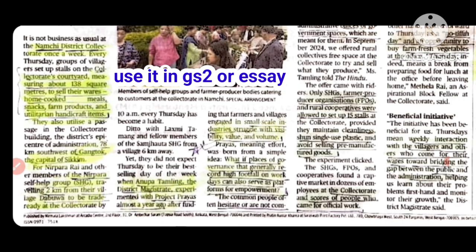Okay, so how is it beneficial? This is beneficial because weekly interaction between the villagers and officers is toward bridging the gap between the public and the administration. I'll ask you one question. Have you ever gone to a police station very happily to register a case? Or have you ever gone to a collectorate for a land dispute case and never had fear in your mind?